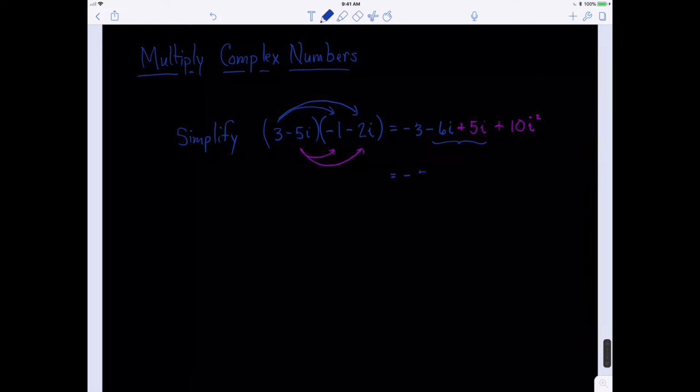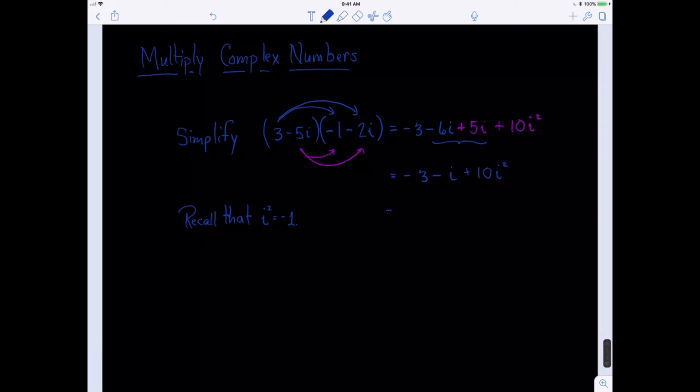So I have a negative 3, that's going to give me a minus i, plus 10i squared. But now recall what we learned about i's. Recall that i squared is negative 1.